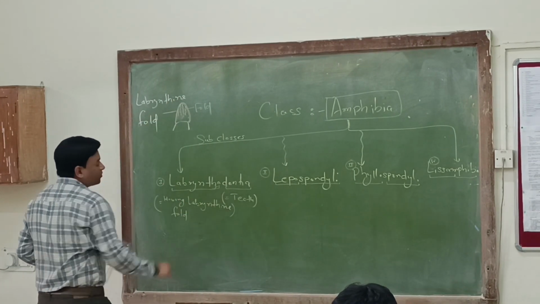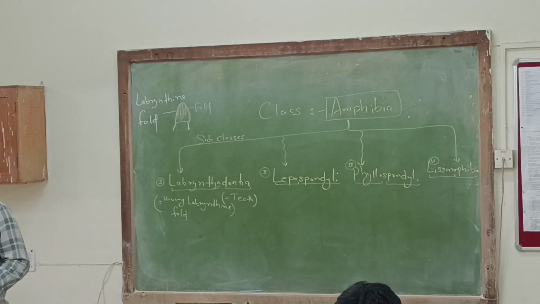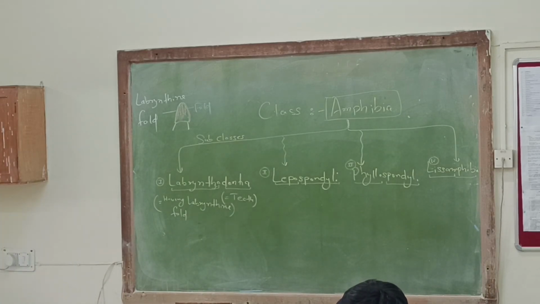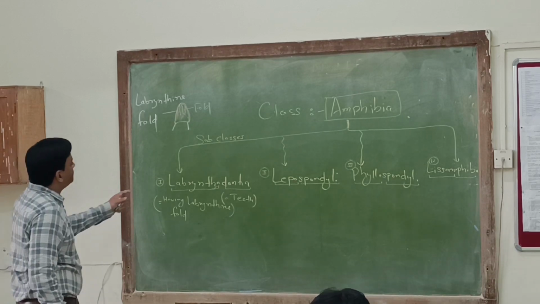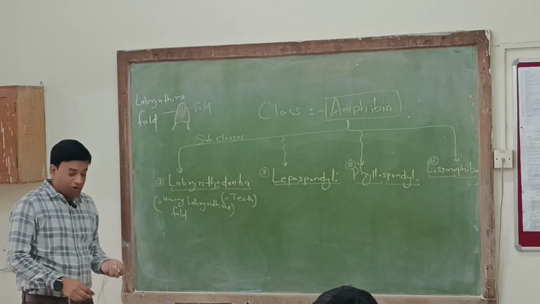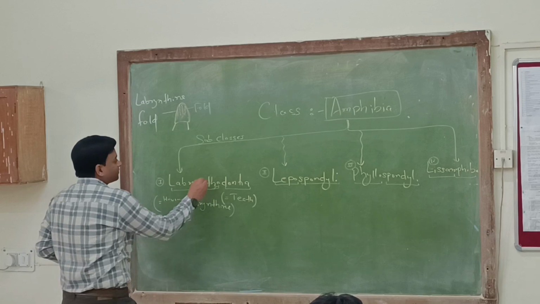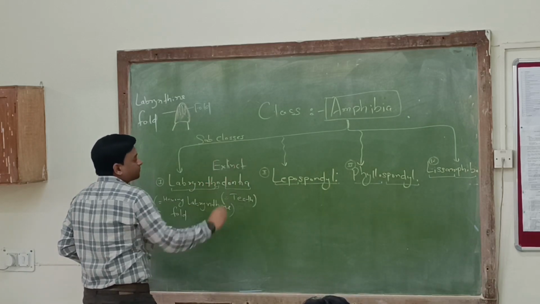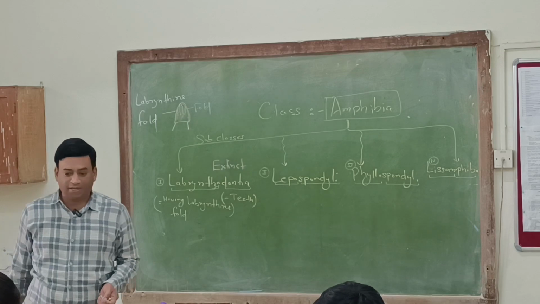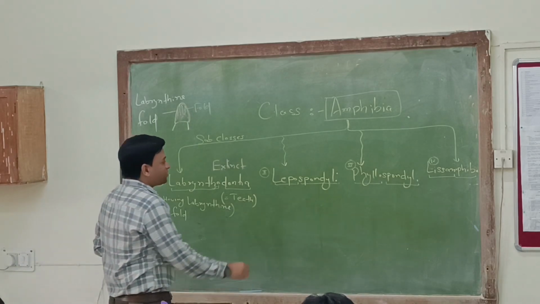So what is Labyrinthodontia? Labyrinthodontia is a subclass in which all those organisms fall which had these folds. Remember, all of these have gone extinct, no more. Once upon a time, this also went extinct.